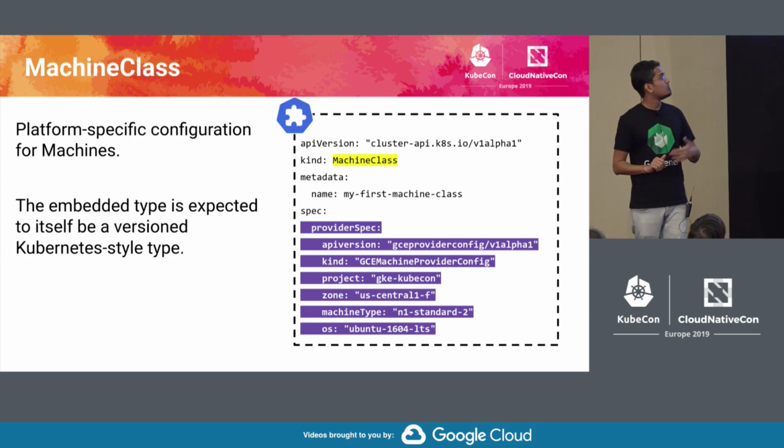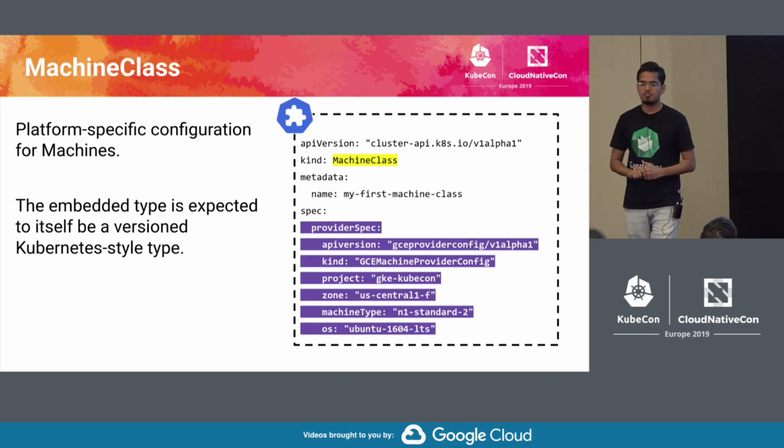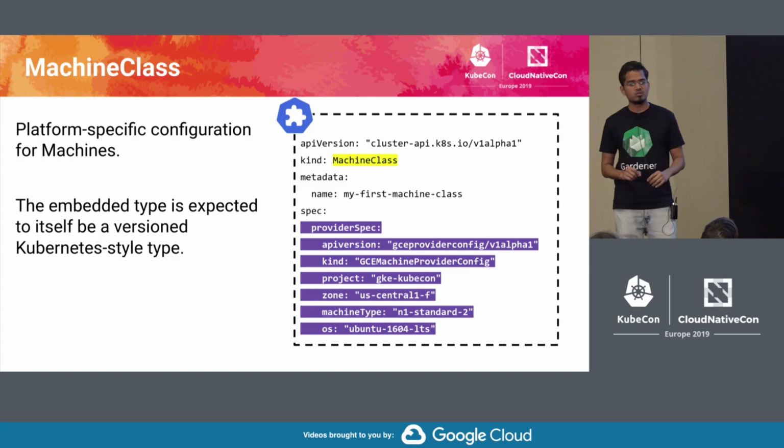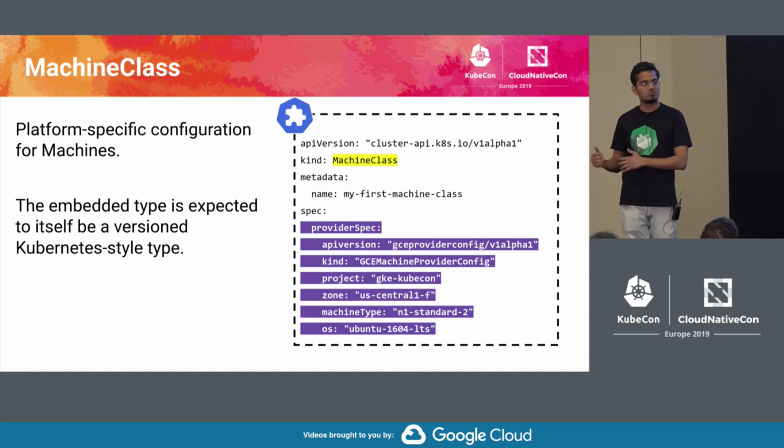So then we introduced the idea of machine class, where you can externalize the provider spec blob from the machine object and maintain it separately, and that brings some real nice benefits as well. For example, you can do the defaulting, you can use nice validation hooks on top of it, and not just that, with the concept of the machine class, which is also very similar to the storage class, external tooling like Autoscaler can consume such machine classes and give us a much more advanced feature, which is actually not possible even in Autoscaler for the rest of the cloud providers.